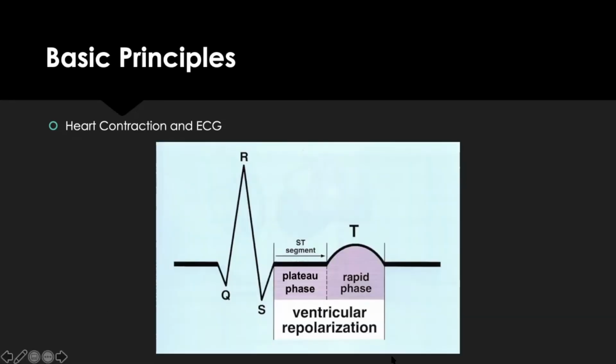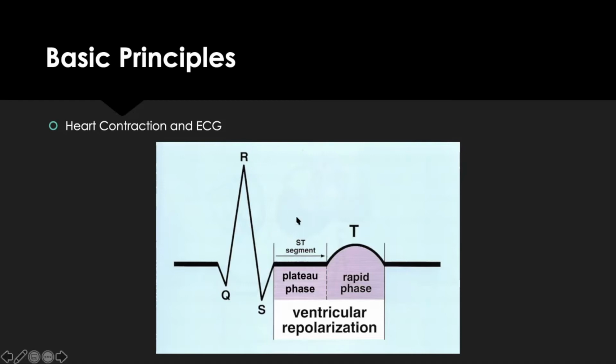So as you can see here, this is part of an EKG cycle, of a heart cycle. We are missing the P wave right here, but this is basically a look into the ventricles. So right here, the QRS is the depolarization of the ventricles, which is the contraction of the ventricles to push the blood out.